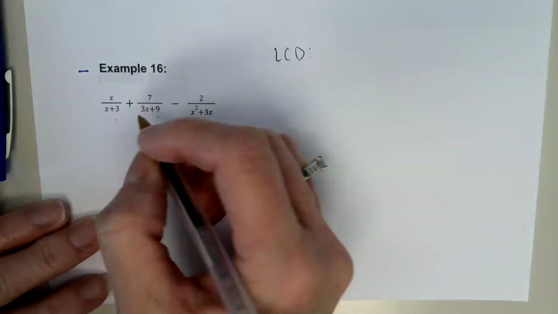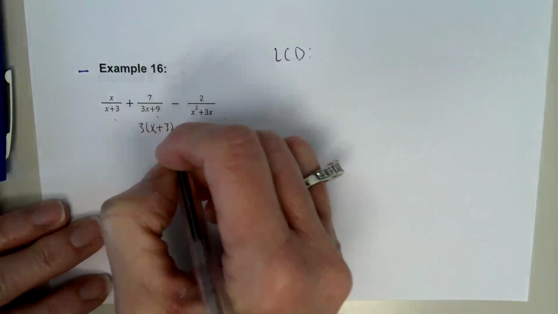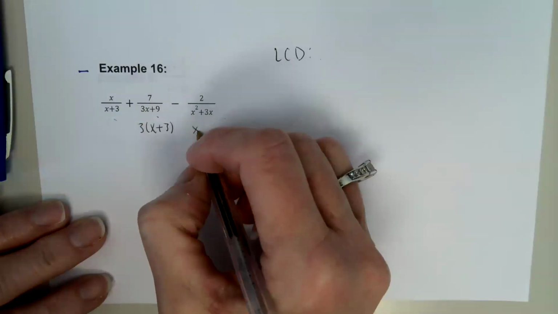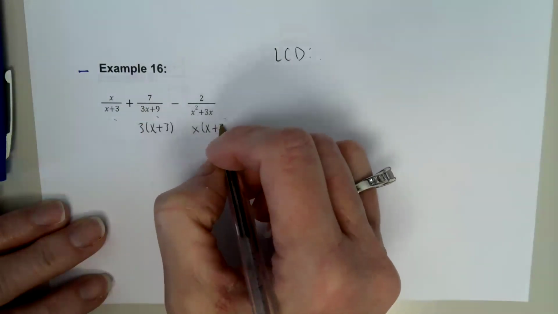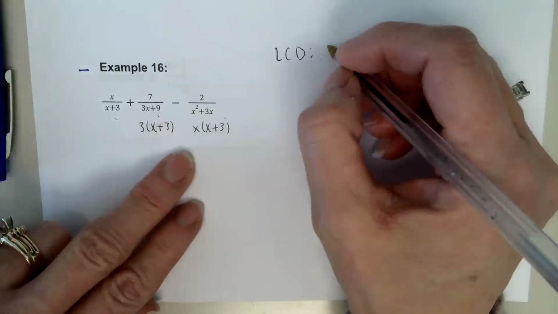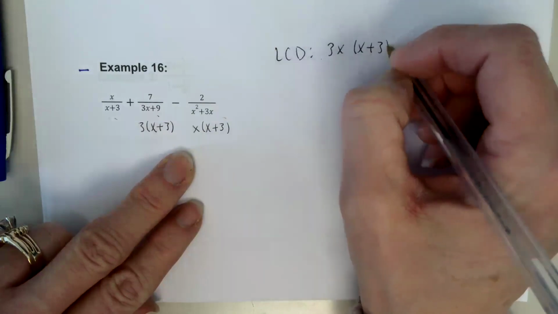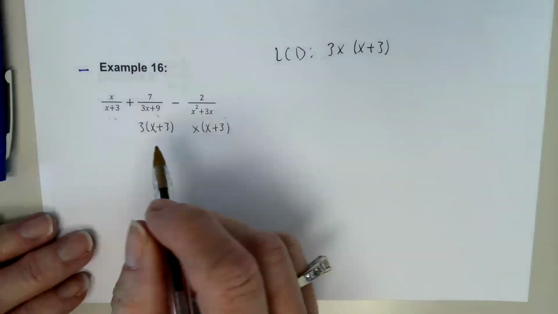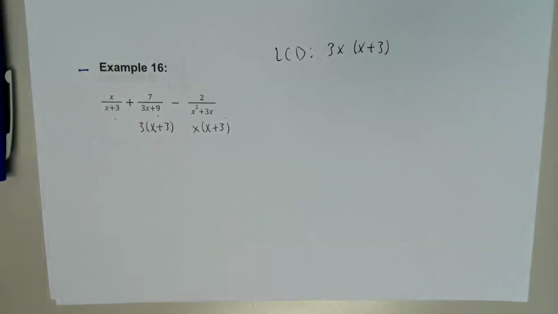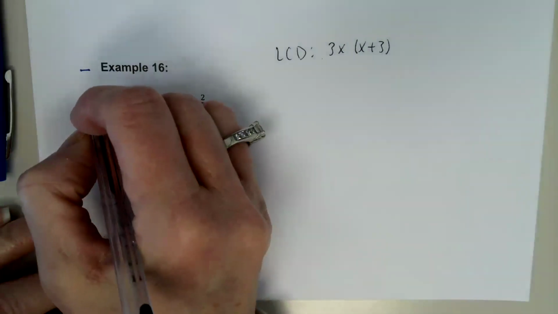So we have x plus 3 as is. This one factors into 3 times x plus 3. And this one will factor to x times x plus 3. So it looks like the least common denominator is a 3 and an x plus 3 and an x. So the first fraction is only missing a 3x.